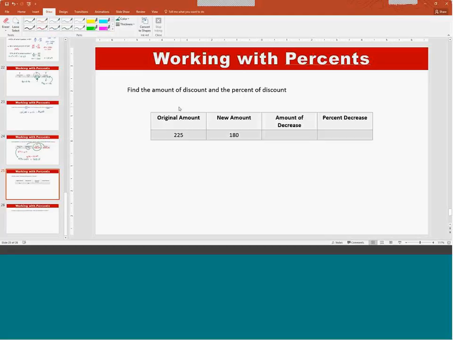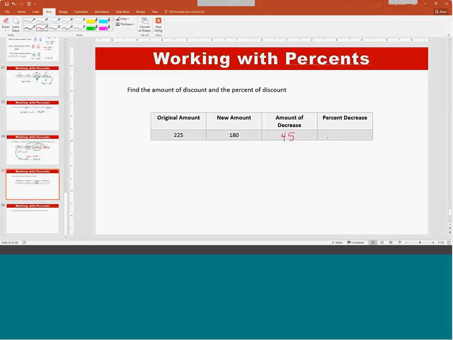Okay, let's look at this. Now, this is a little bit different because we're working with amounts, an original amount and a new amount. They want to know the amount of decrease. So that's just a straightforward subtraction problem: 225 minus 180. How much of a decrease is that? Well, it's 45. It has gone down by 45.